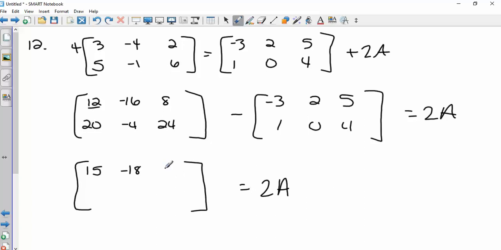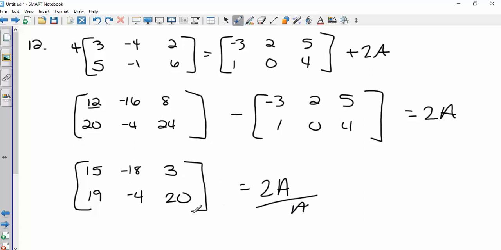Negative 16 minus 2, negative 18. 8 minus 5 is 3. 20 minus 1 is 19. Negative 4 minus 0 is negative 4. 24 minus 4 is 20.